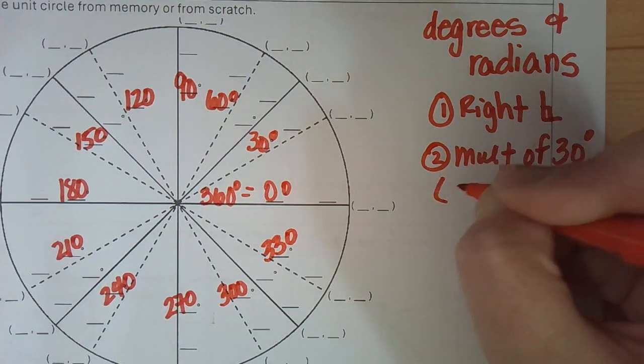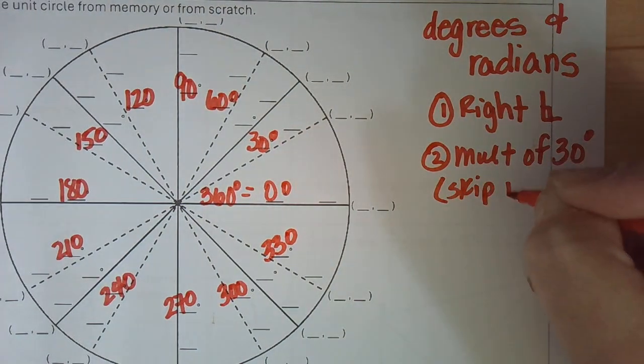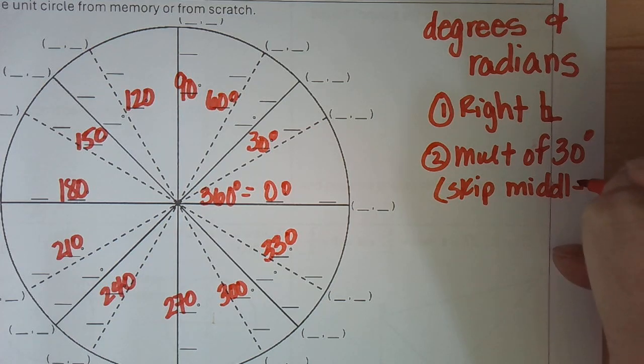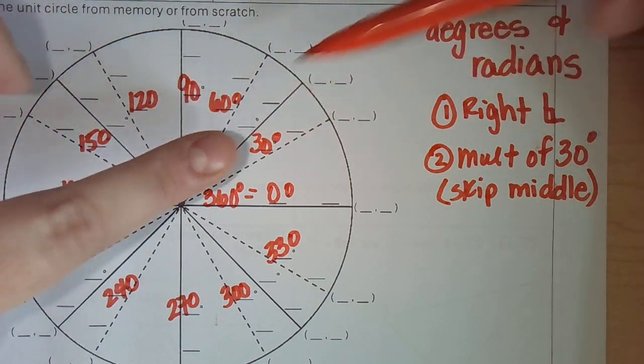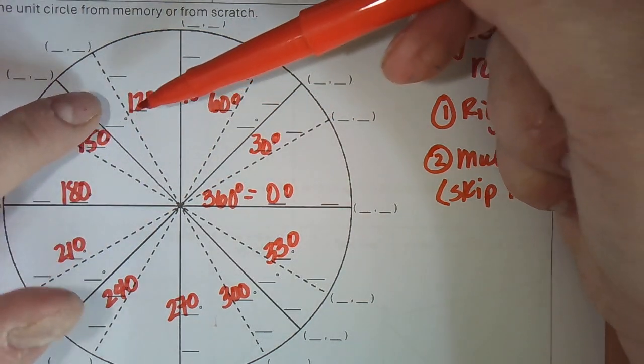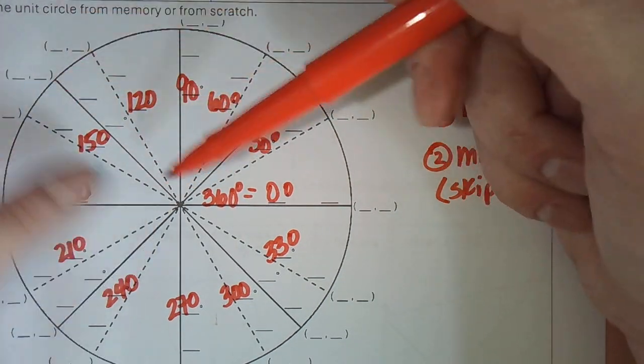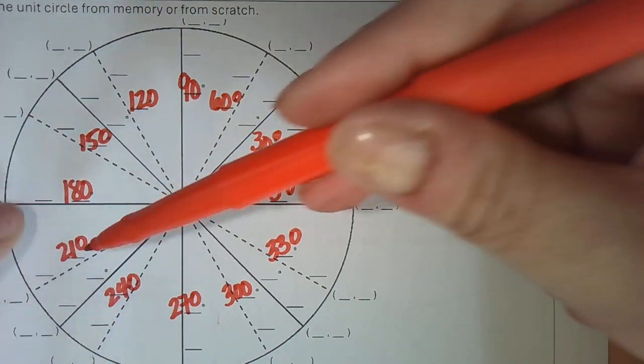And when I fill out the multiples of 30, I skip that middle angle. Can you see in between 30 and 60, I skip that middle angle? In between 120 and 150, I skip that middle angle. In between 210 and 240, I skip that middle angle.